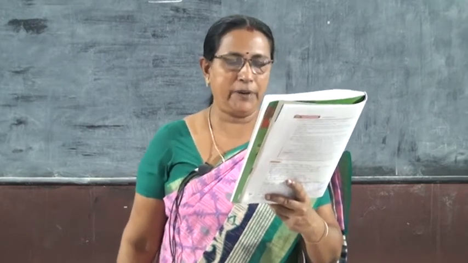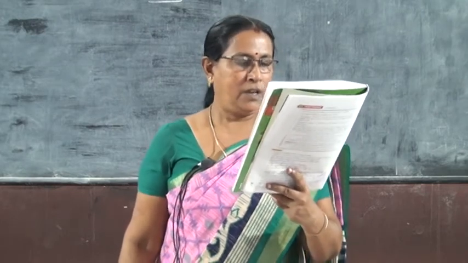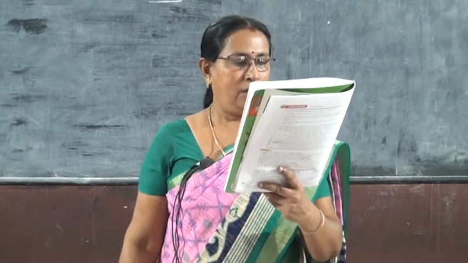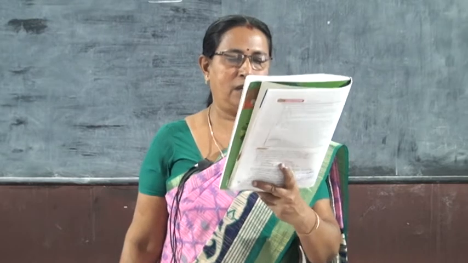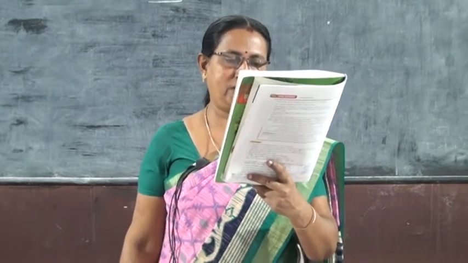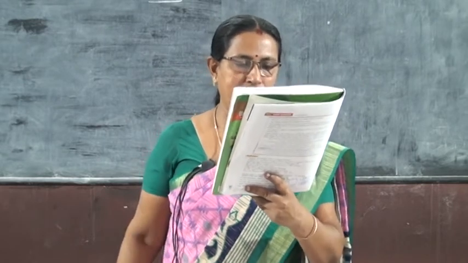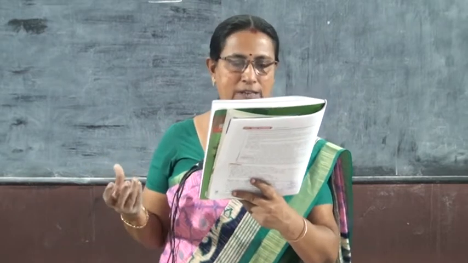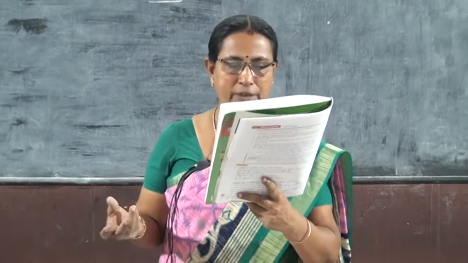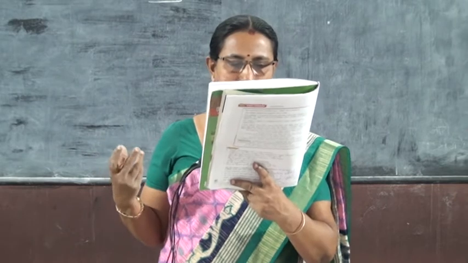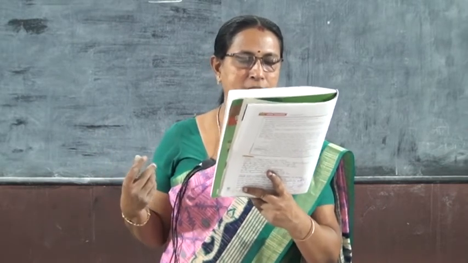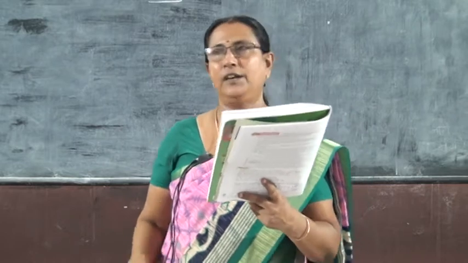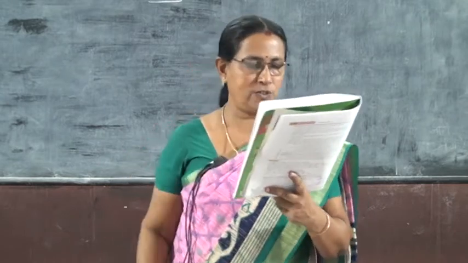Now, what will be the first sentence? Firstly, seeds of the cacao tree are collected and fermented. Fermented means pulipikya. Then, secondly, after that, what happens? The seeds are dried, cleaned and roasted.